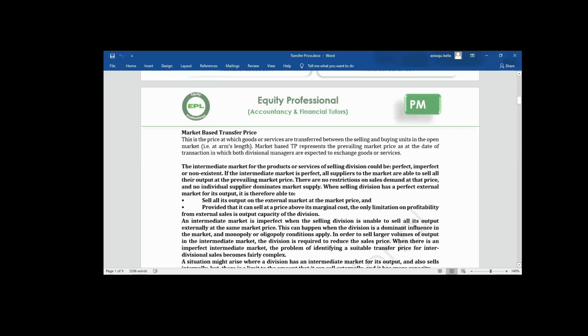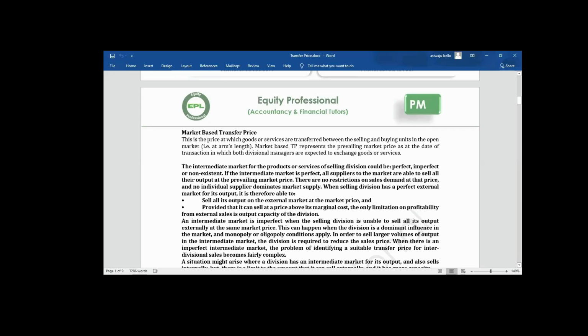We are still not done on market-based. Like I said, for you to talk of market-based transfer price, there must be an external market for your products, where people are willing to buy that product outside. That external market is also known as the intermediate market.